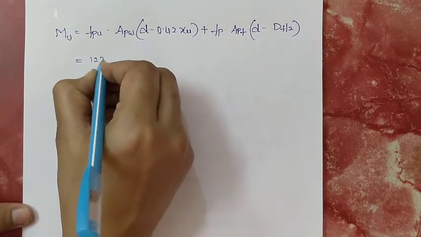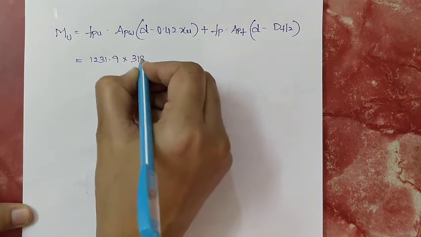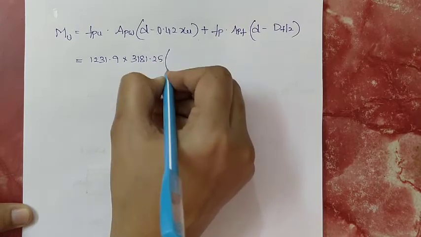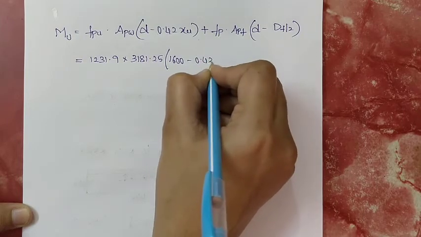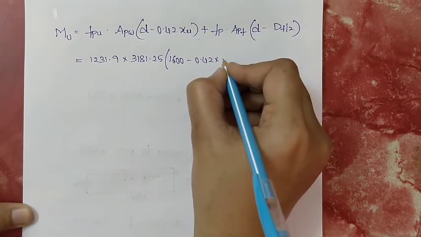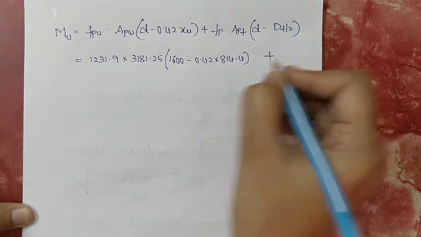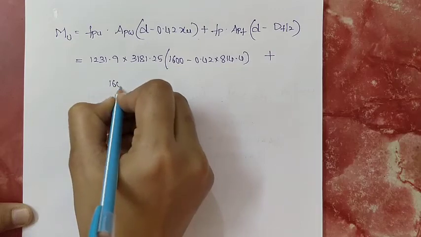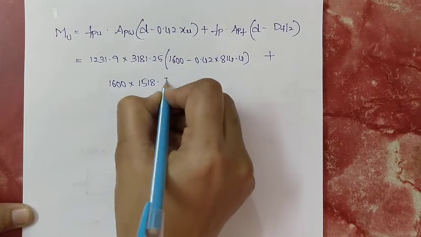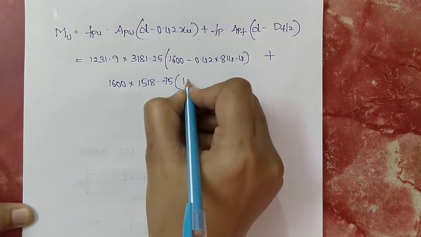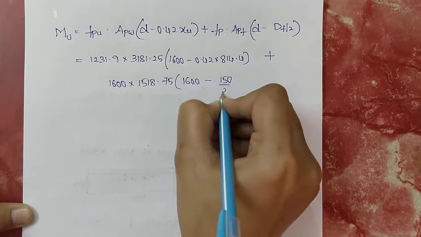Substitute all the values. FPU is 1231.9 into APW, it is 3181.25 into D value, it is 1600 minus 0.42 into XU value, it is 814.4, plus FP value, it is 1600 into APF value is 1518.75 into depth, it is 1600 minus 150 divided by 2.